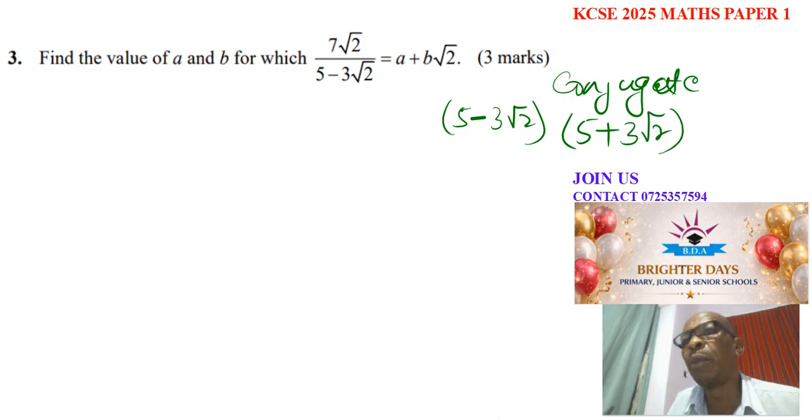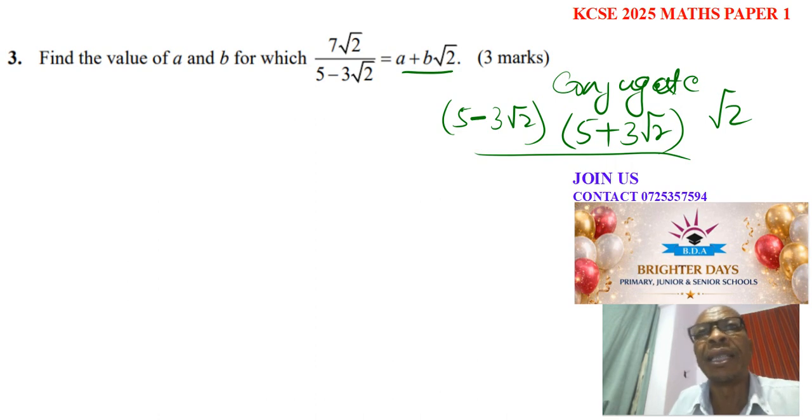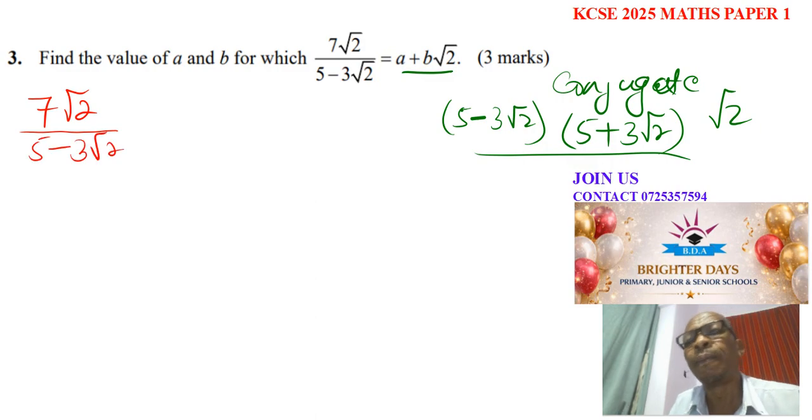If we multiply these two, we should get rid of the surd, which is root 2. So that is what you covered in form 3. Let's see how we do that. Our expression is 7 root 2 divided by 5 minus 3 root 2.